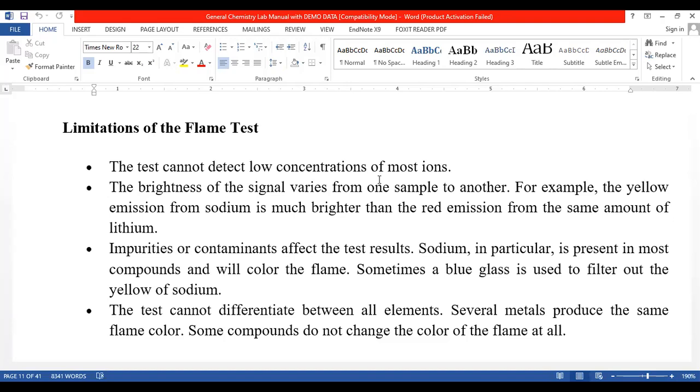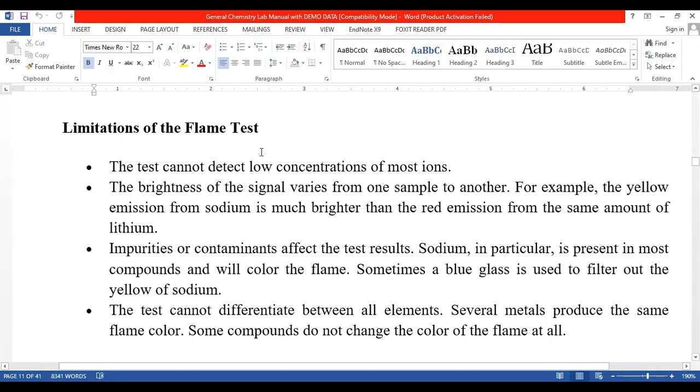And today we talked about the flame test, which is one of the important qualitative analyses in our experimental process. So these three will be the topics. Learn them very carefully. Go through the lecture record from the Google Classroom and learn them. During the next class time, the written exam will be held.